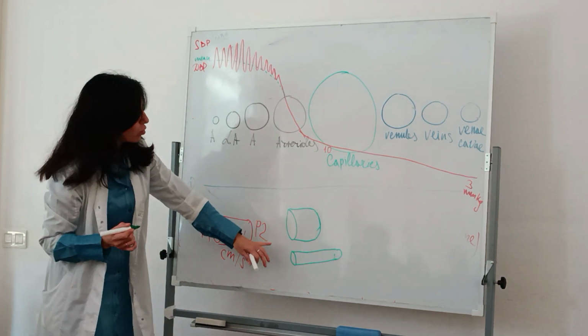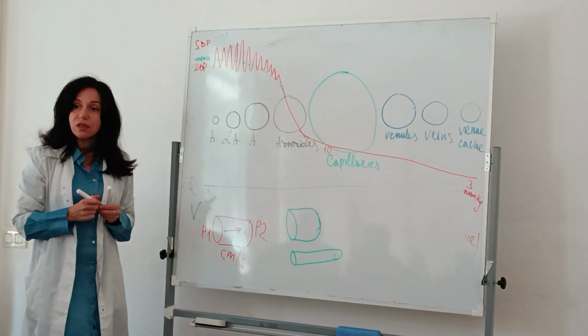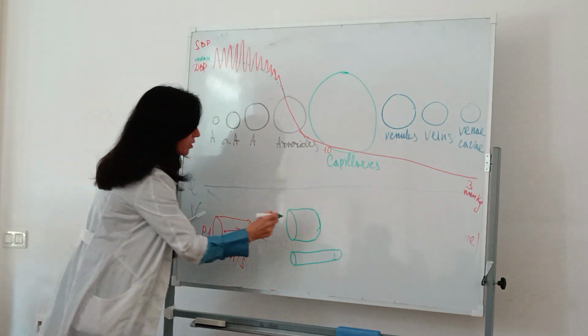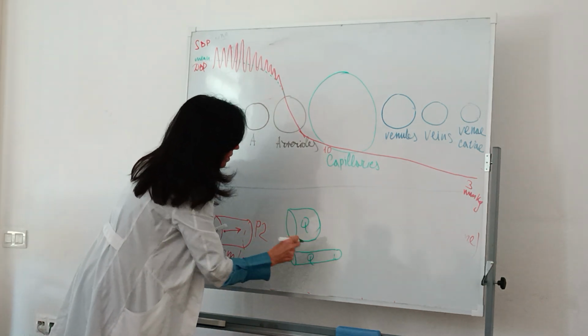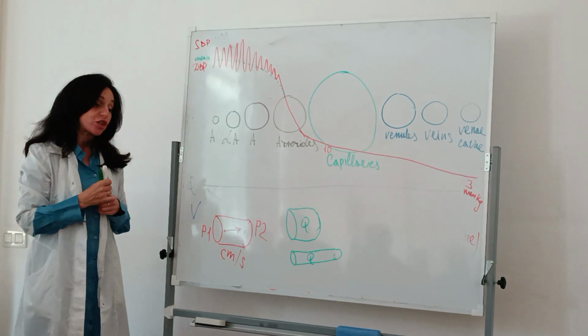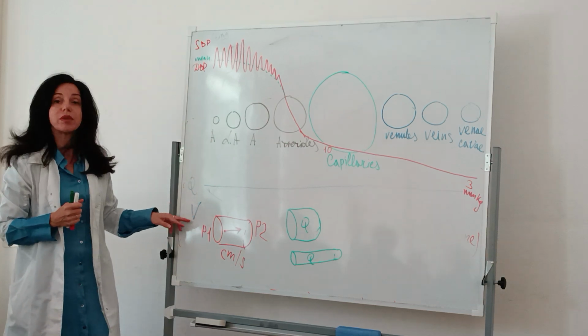There are two tubes with equal blood flow volume inside, Q. But the pressure will be different, right? The pressure is different also. But now I'm talking about blood flow velocity.